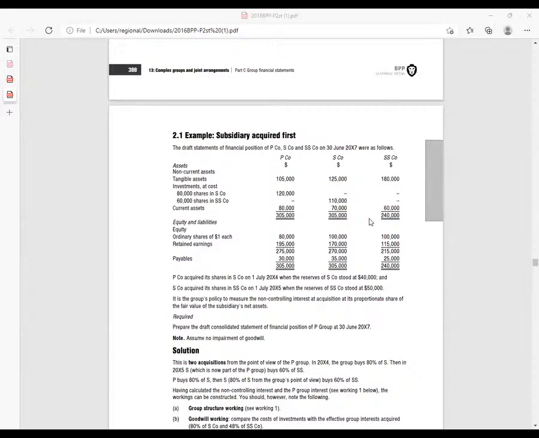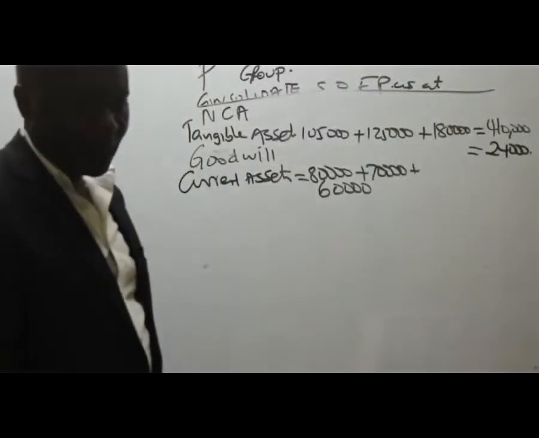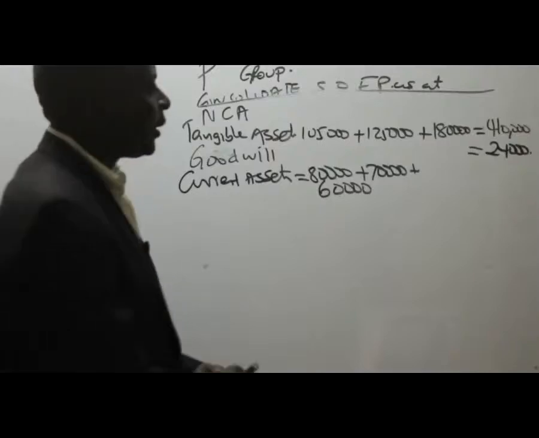So current assets, we have 80,000 plus 70,000 plus 60,000, which will end up giving me what figure? 210,000.